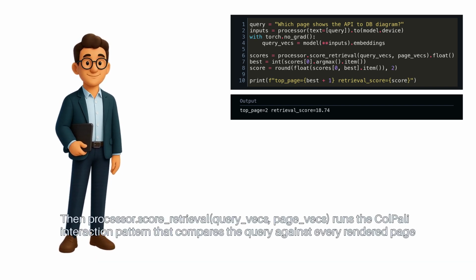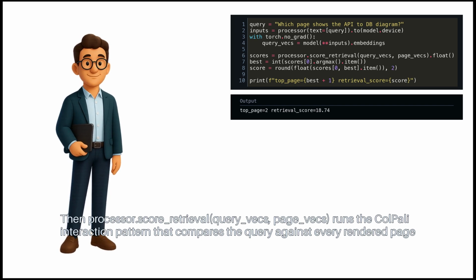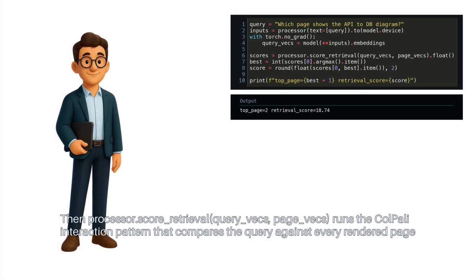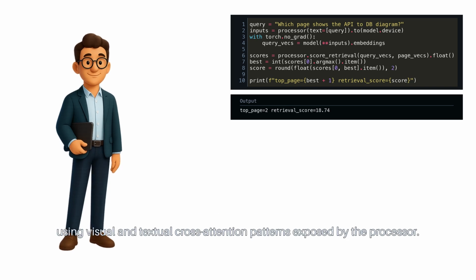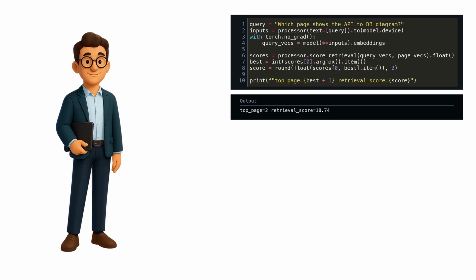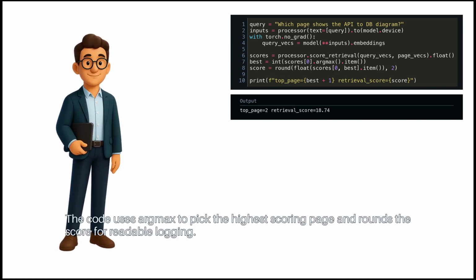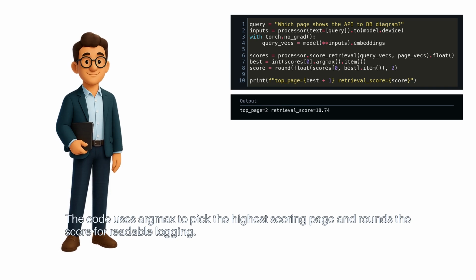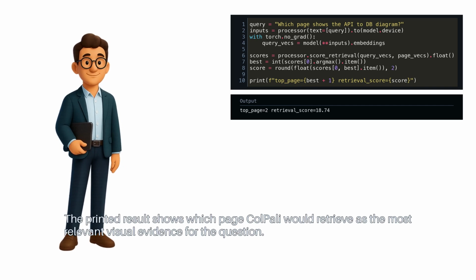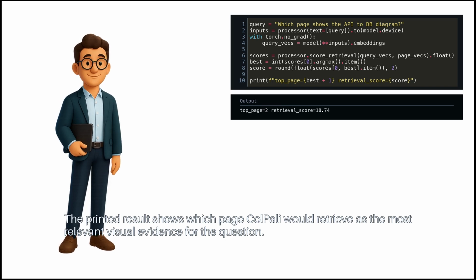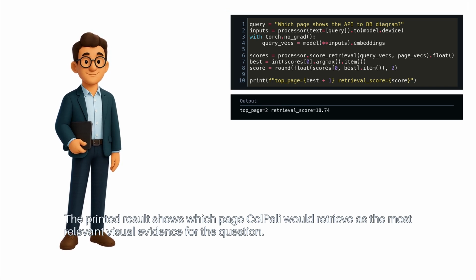Then processor.score_retrieval with query_vecs and page_vecs runs the ColPali interaction pattern that compares the query against every rendered page. The code uses argmax to pick the highest scoring page and rounds the score for readable logging. The printed result shows which page ColPali would retrieve as the most relevant visual evidence for the question.